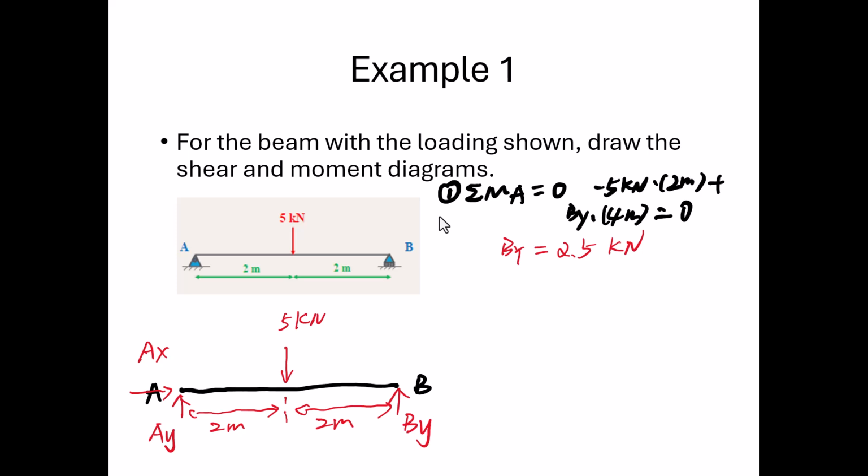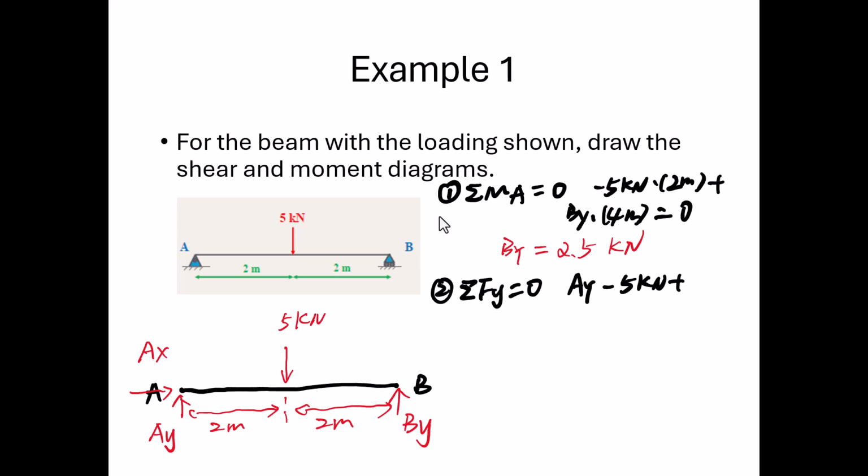Our second equation will be sum of Fy equals 0: Ay minus 5 kilonewton plus 2.5 kilonewton equals 0.